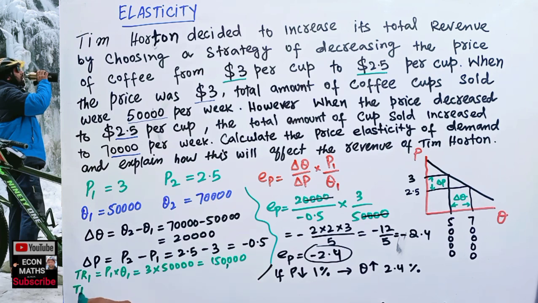Now new total revenue is new price and new quantity sold, that is 2.5 into 70,000, which will come out to be 175,000.